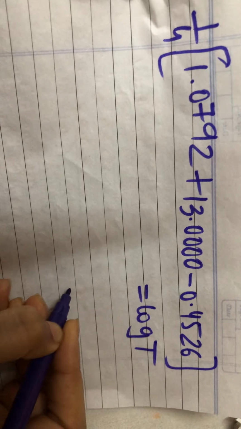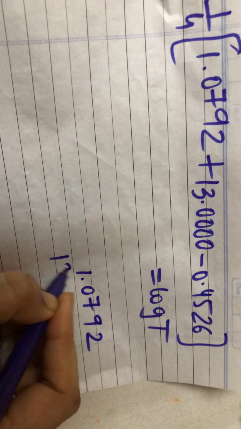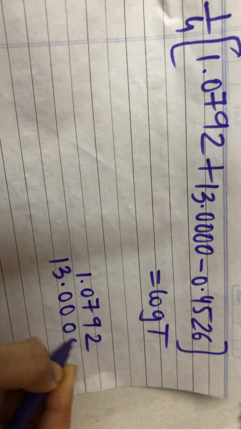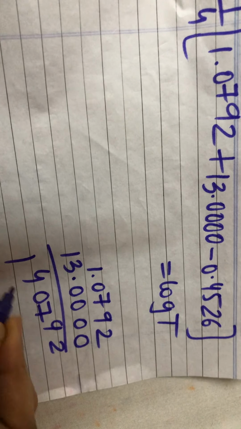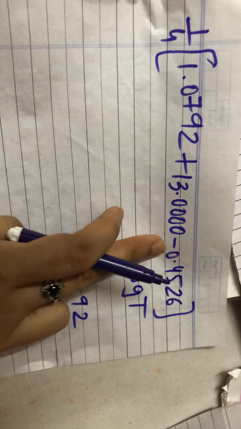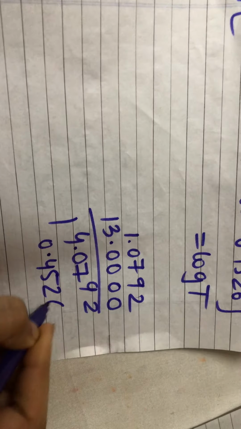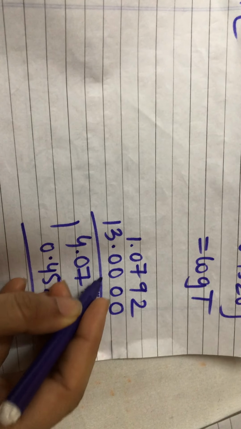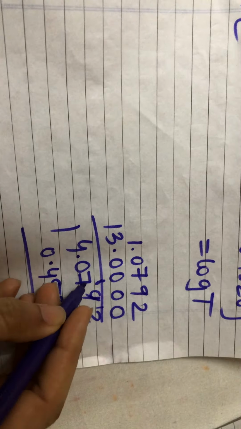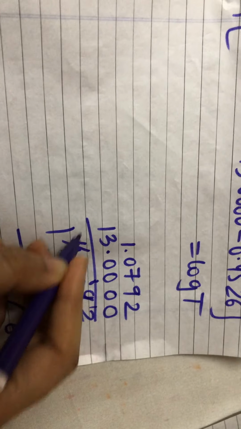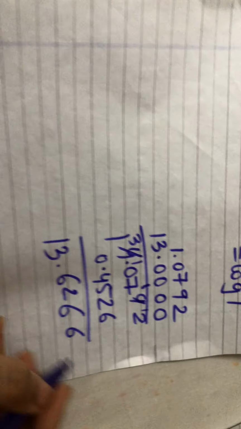So let's add. This gives me 14.0792. Then subtracting 0.4526: 12 minus 6 is 6, 8 minus 2 is 6, 7 minus 5 is 2, 10 minus 4 is 6, and here it is 13.